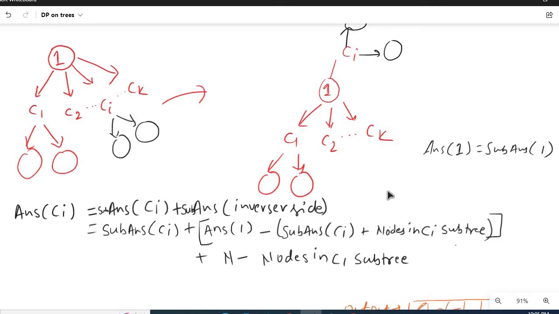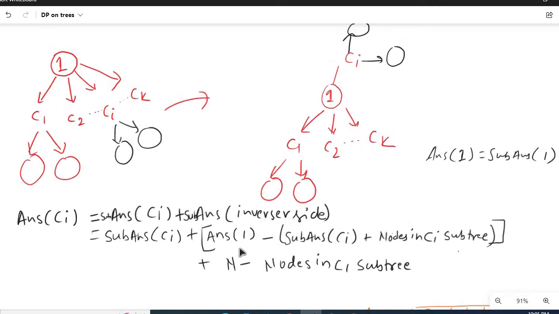So the inverse side, how do we calculate? The inverse side would be the answer of 1. There is one beautiful thing: the answer of 1 is also the sub answer of 1. Basically there is no parent node to 1, so there is no way we can go up.